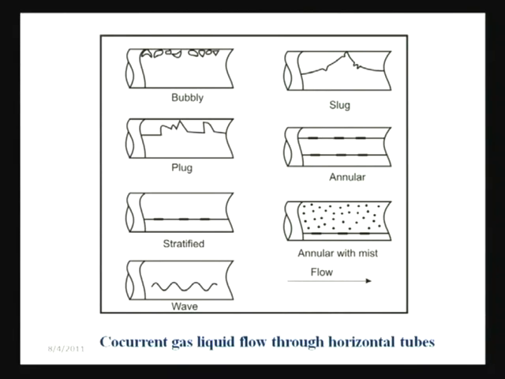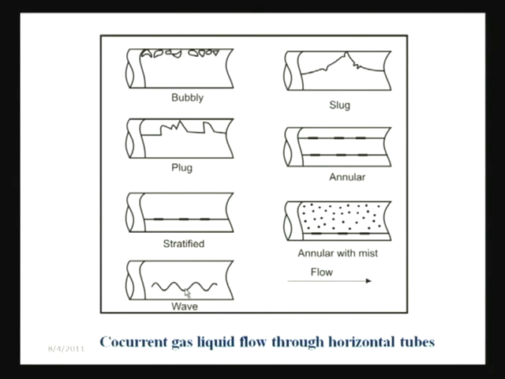Naturally, the lighter fluid, the air phase, will be on the top and the water phase will be on the bottom, and so immediately something which was not observed in the previous case will be observed here, that is stratification. At low flow rates of the two phases we find stratified flow, and then gradually as we increase the liquid flow rate or the gas flow rate, a waviness sets in and we come across a wavy stratified flow.